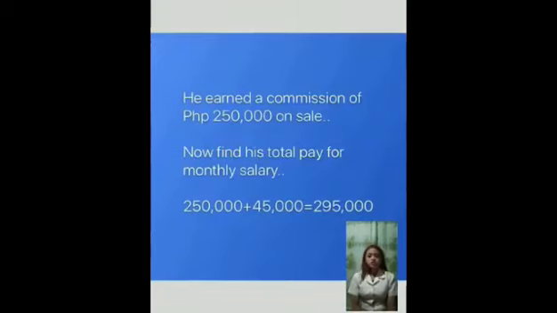He earned a commission of 250,000 on the sale. Now, find the total pay for the month: 250,000 plus 45,000 equals 295,000.